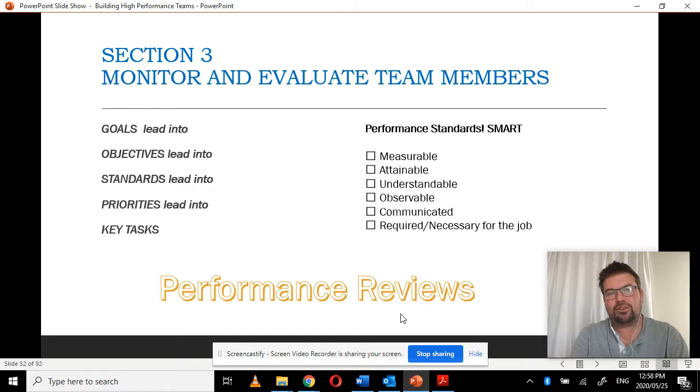The performance review will help me to get what I need in order to better my behavior or my goals, or otherwise it will tell me that I've done a good job and I need to be acknowledged for that and recognized for that. So those are performance reviews and what they are used for. All right.